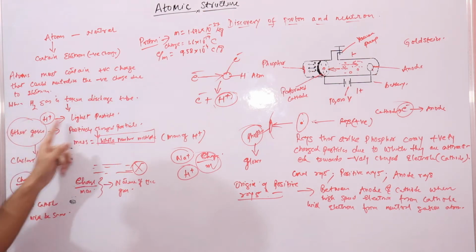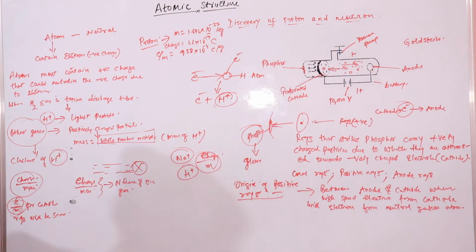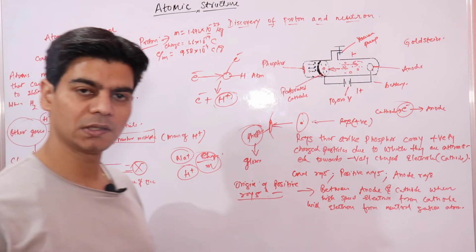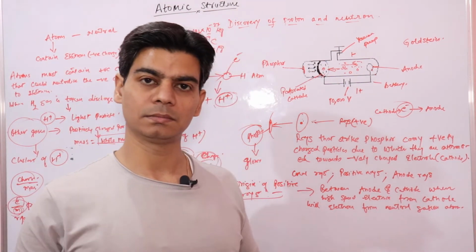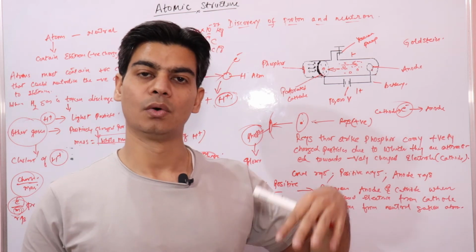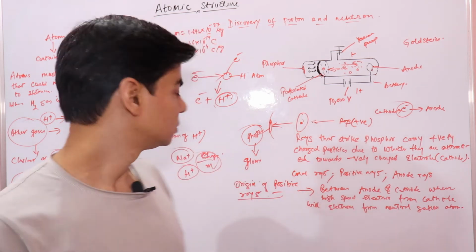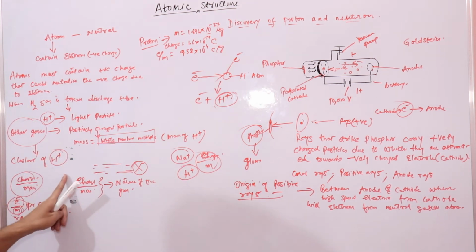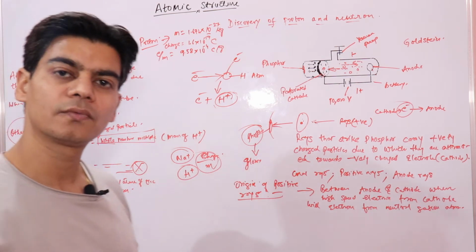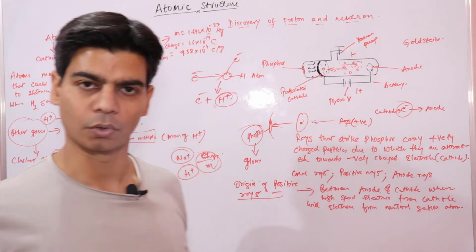We have also understood that for other gases, the mass of the positively charged particles is a whole number multiple of the mass of the proton, that is, 1, 2, 3, 4, 5, 6 times the mass of the proton, right?